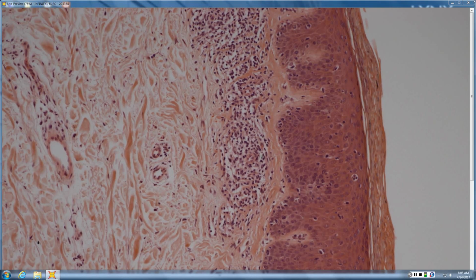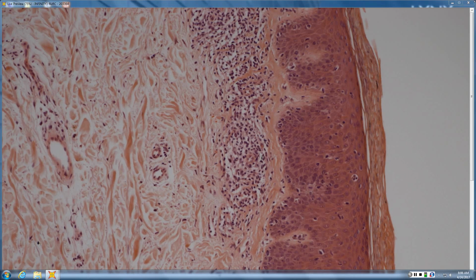What reactive things can do that? Pityriasis lichenoides, either acuta or chronica, early evolving stage of a BLK, lichenoid drug, and then syphilis can do it too.